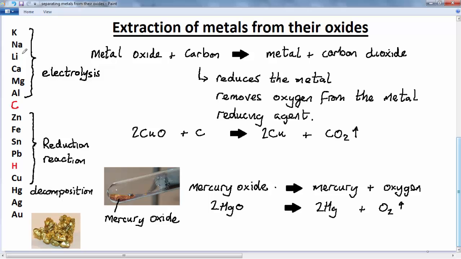That's to say, they're heated and changed into the liquid state, and the electric current is used to separate the metals from their oxides. Now we'll look at this technique in more detail when we look at the extraction of aluminium from bauxite in the next couple of lessons. Likewise, we'll look at the industrial extraction of iron from its oxide using reduction.